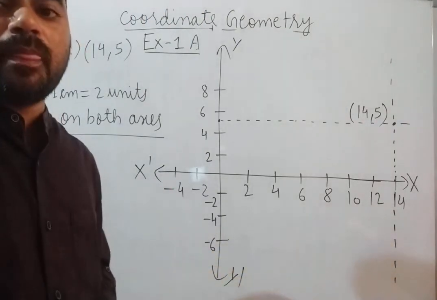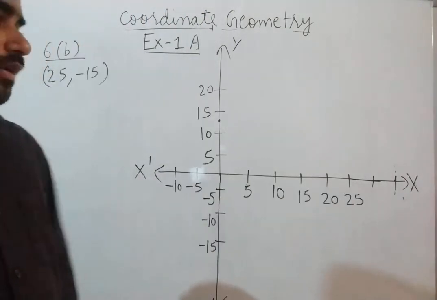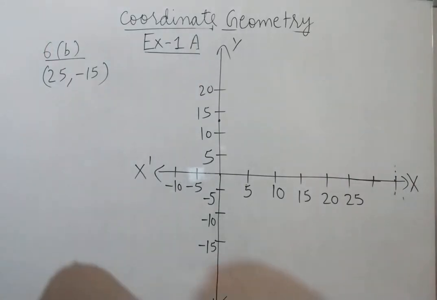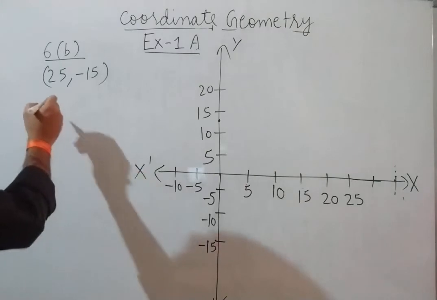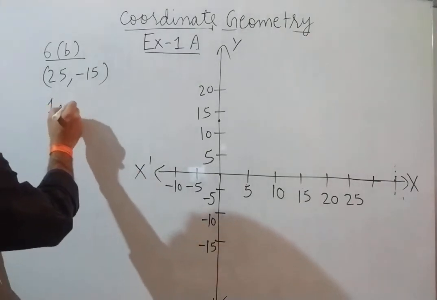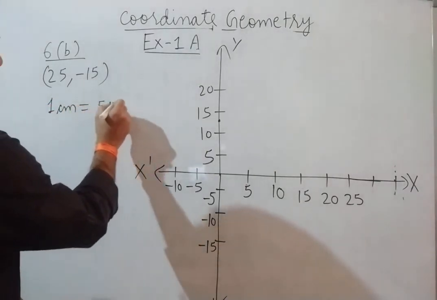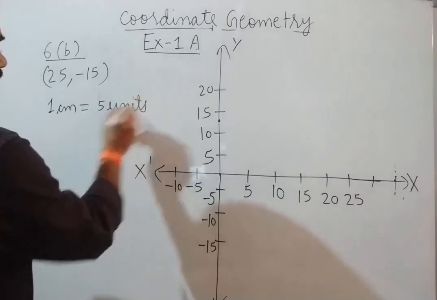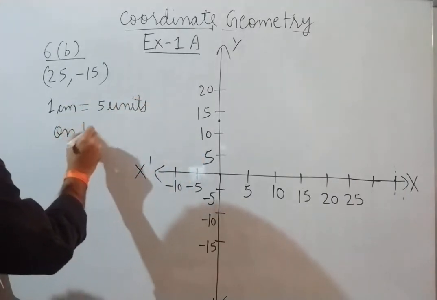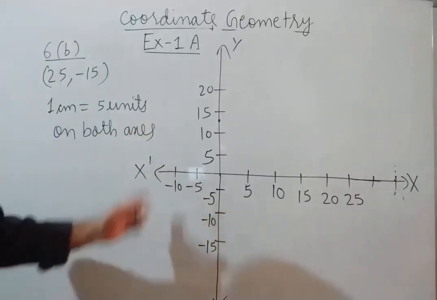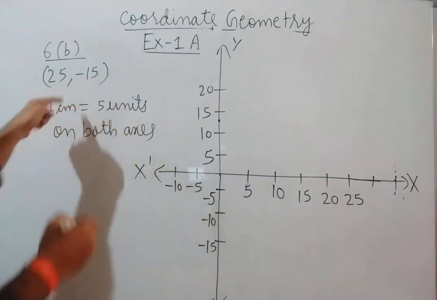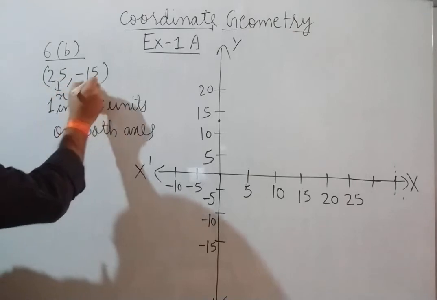Next is 25, minus 15. Again the values are large, so we will take the scale 1 centimeter is equal to 5 units on both axes. Clear? So 25, minus 15 means this is x and this is y.